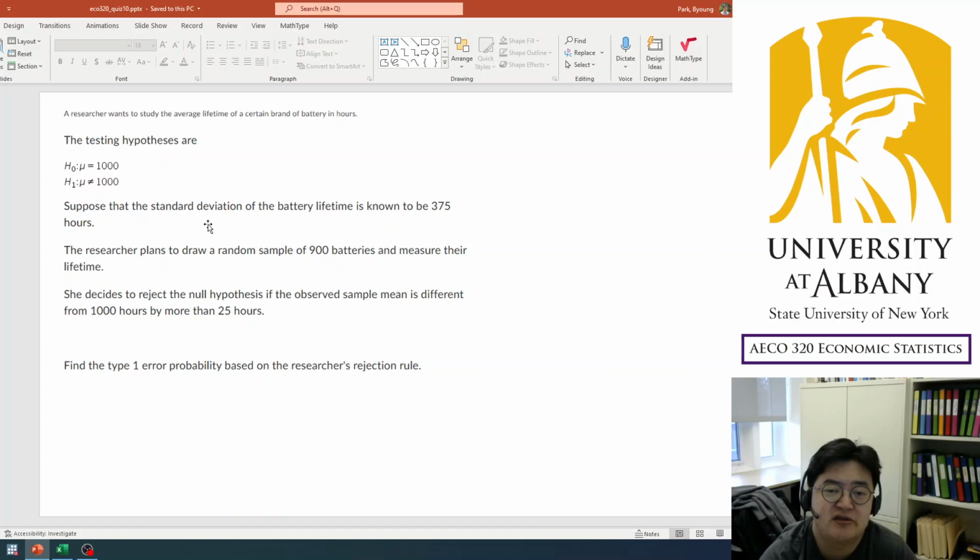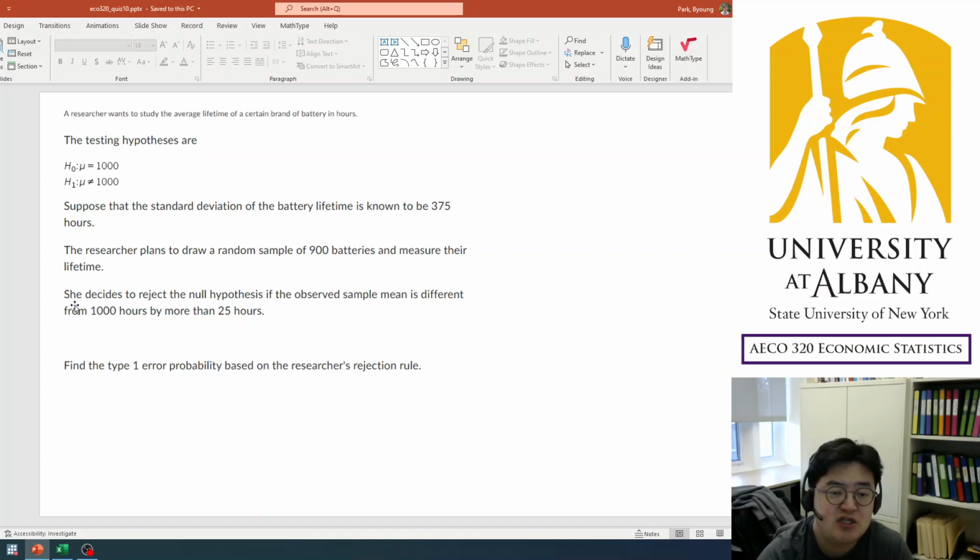Suppose that the standard deviation of the battery lifetime is known to be 375 hours. The researcher plans to draw a random sample of 900 batteries and measure their lifetime. So I use 900 sample size, whose square root is 30.